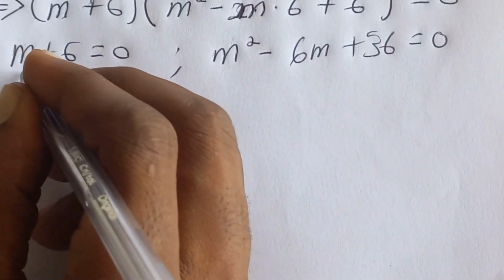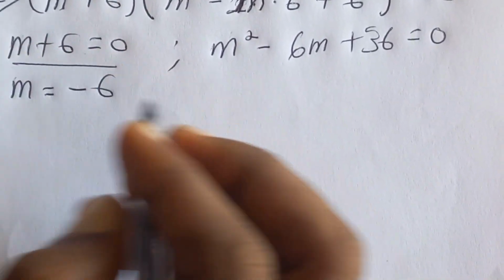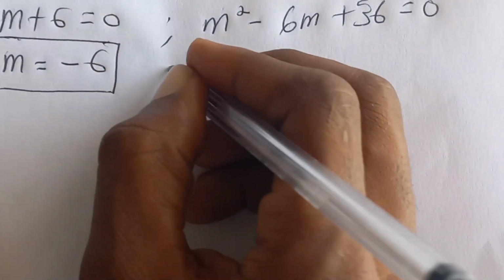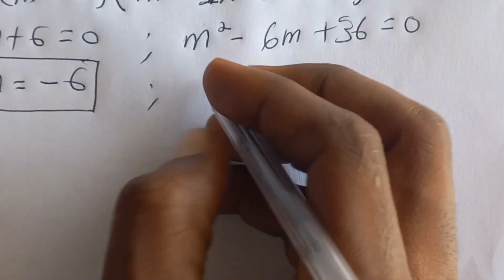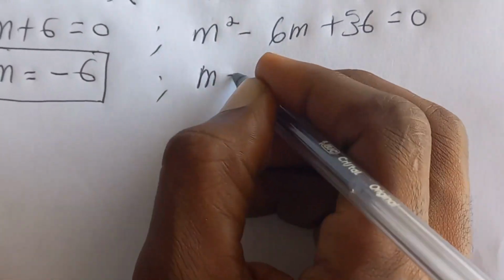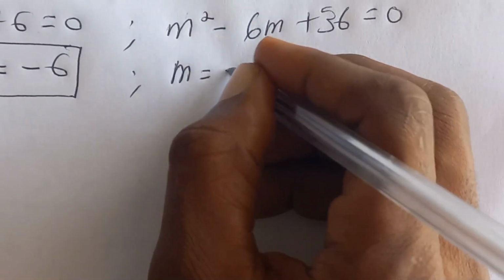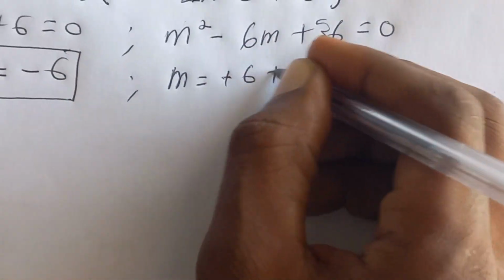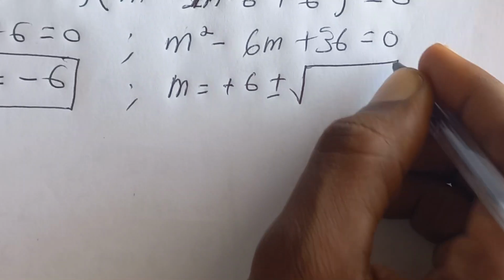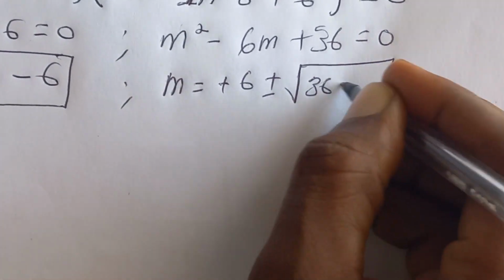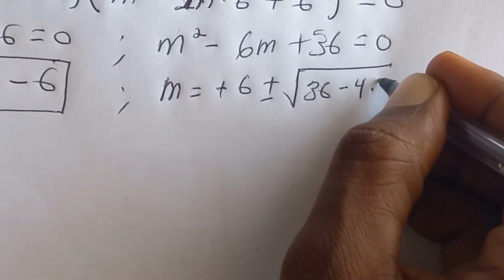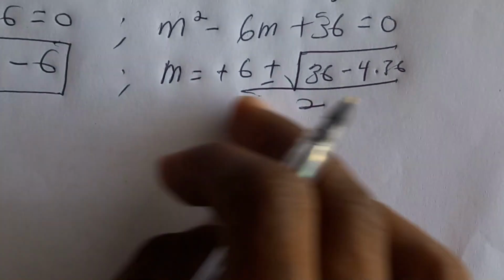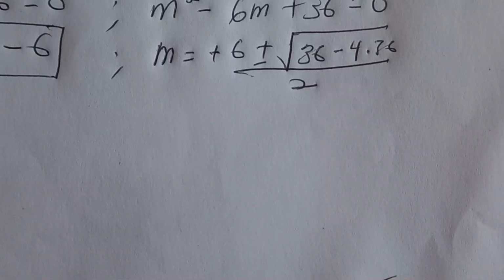Negative 6. Then with this, we have m is equal to minus 6. And for the quadratic, m is equal to 6 plus or minus square root of 36 minus 4 multiplied by 36, all over 2. I've inserted everything and done the calculation.